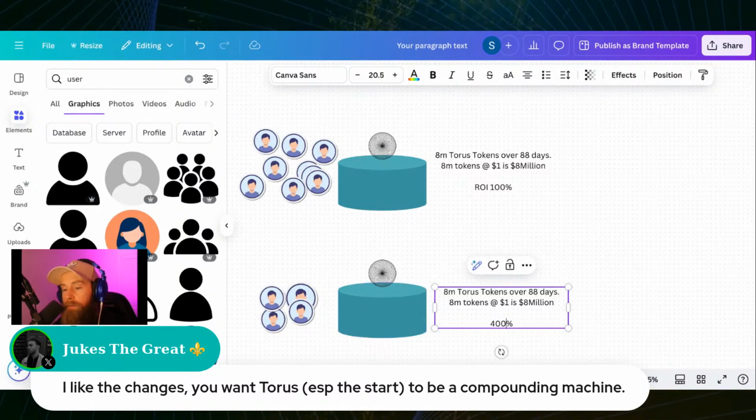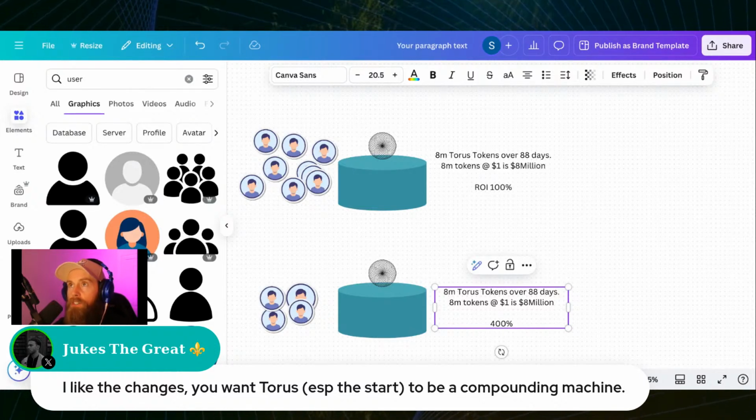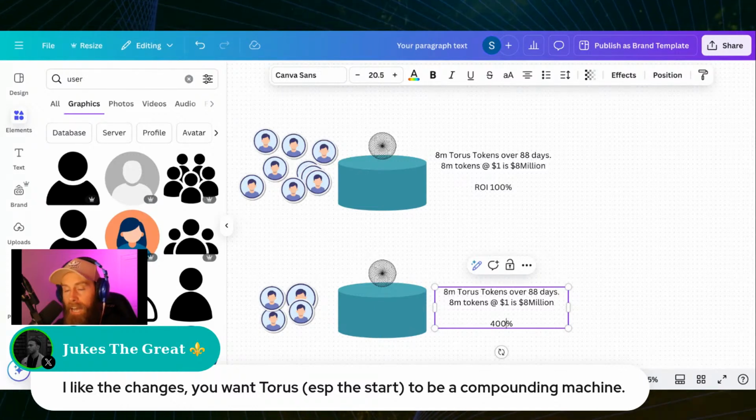Also, if the price goes up in TORUS and Titan-X, this has a similar effect. If it costs more US dollars to get into the pool, it's harder to gain access and create shares.